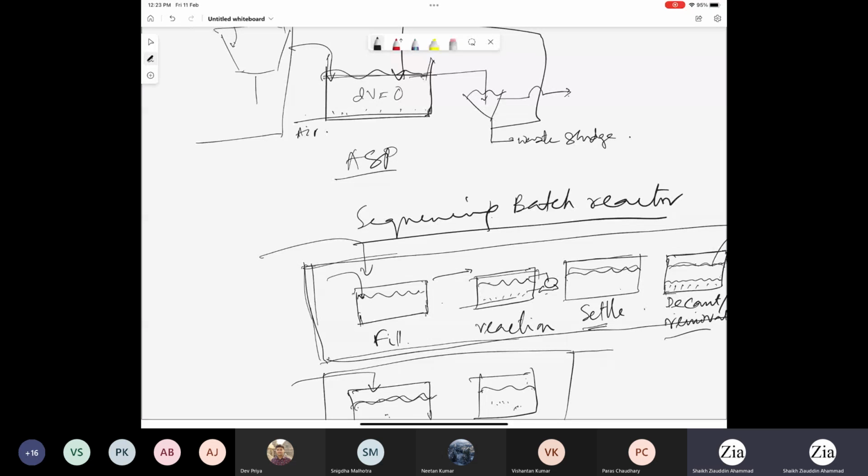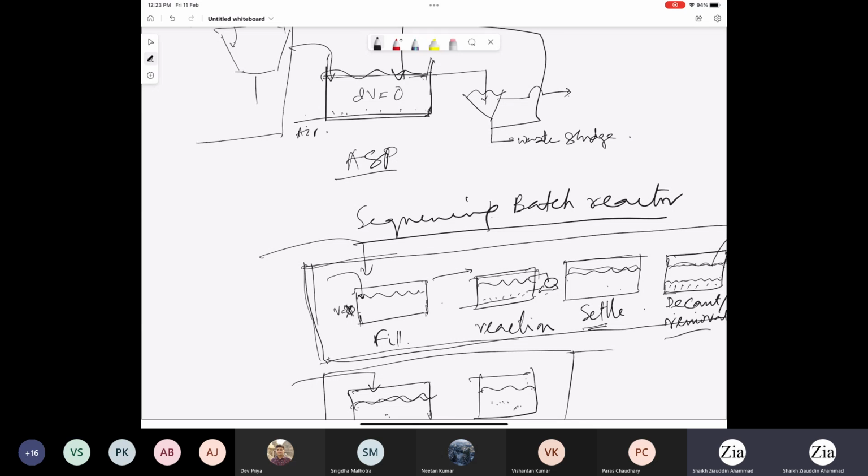Similarly, in this system, first you fill the reactor, so you are just trying to achieve the desired volume. And then you aerate. You aerate only when you talk about reaction. You are not running the aeration continuously for the entire period. After the reaction period, you stop aeration.